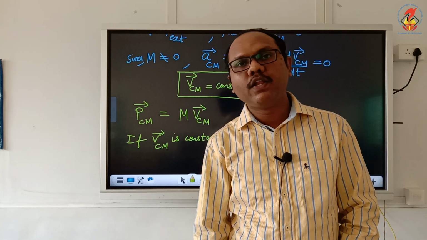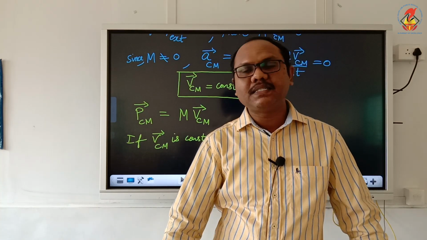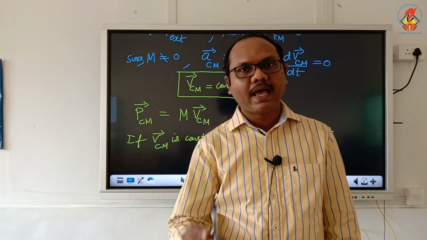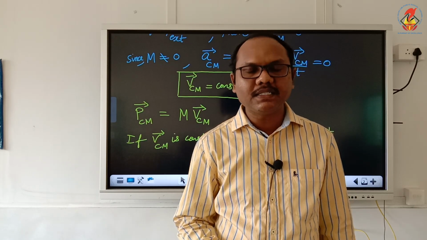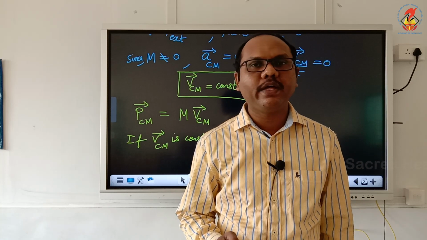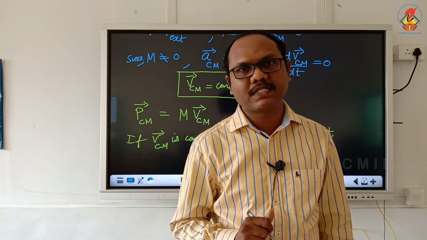This is called law of conservation of momentum. So, we can say like this: if there is no external force acting on the system of particles, the momentum remains constant, and this is called law of conservation of linear momentum of the center of mass.